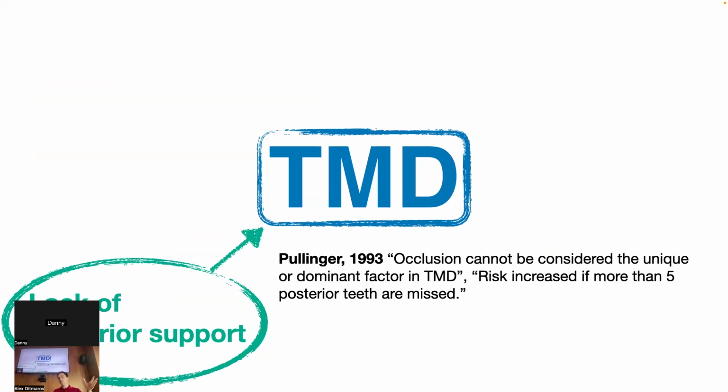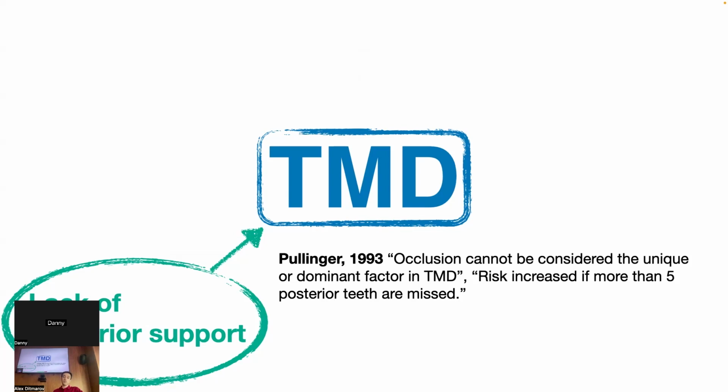Pollinger was one of the first who produced a paper on that, and this paper is quoted many times in Ockeson's book. What he found: occlusion cannot be considered the unique or dominant factor in TMJ. However, also important is that risk could be increased if more than 5 posterior teeth are missing.